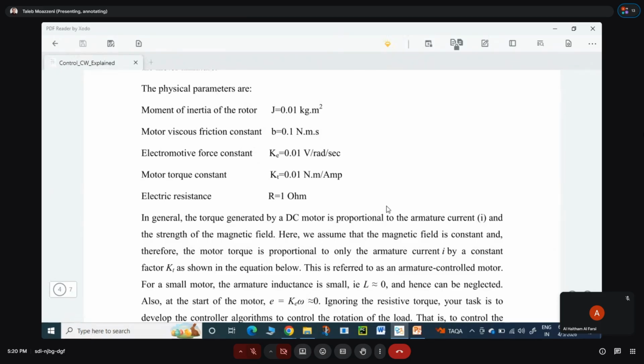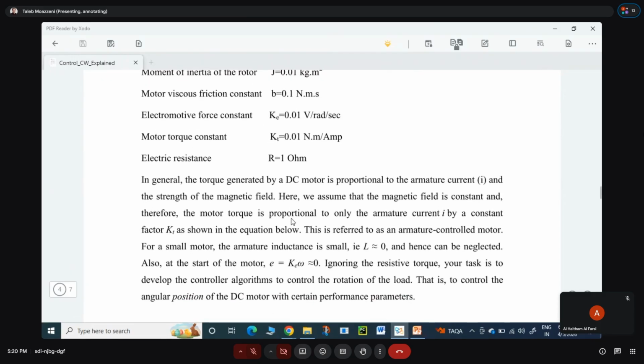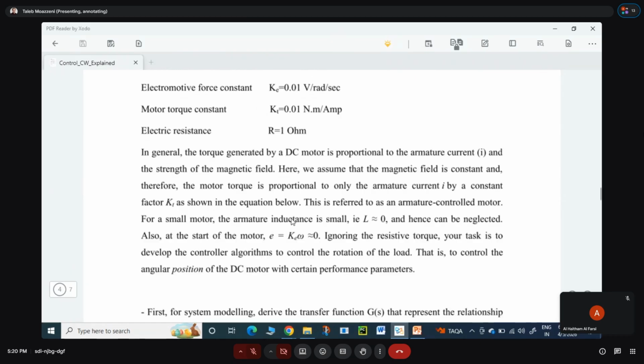Force is torque: if you push something directly, it is force. If you push in these directions in rotation, it is called torque. Since it is rotational, we say torque. The constant for this is Kt, and R is 1 ohm for the electric resistance.